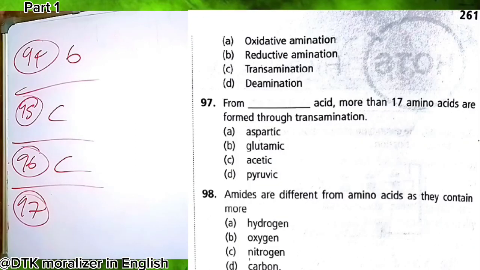Question number 97. From dash acid, more than 70 amino acids are formed through transamination. Aspartic, glutamic, acetic, pyruvic. So here glutamic. In transamination, glutamic acid is involved. So option B for 97 question.